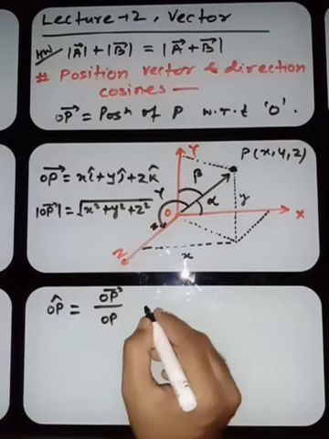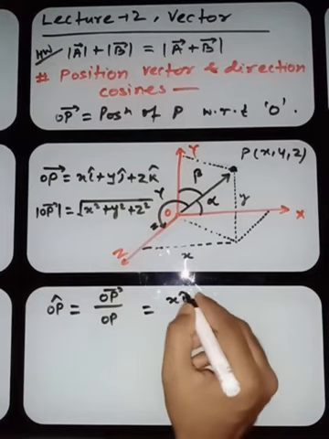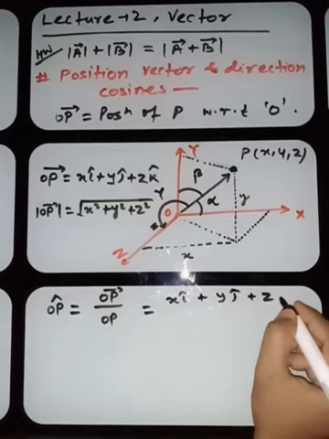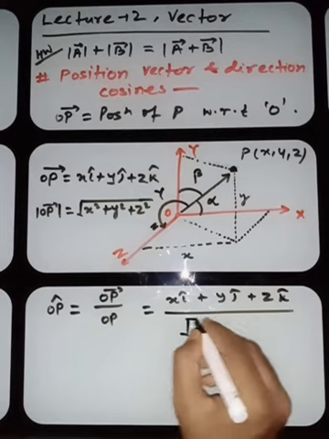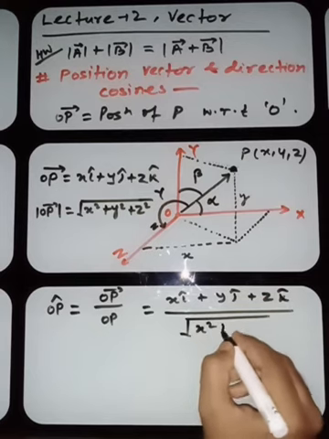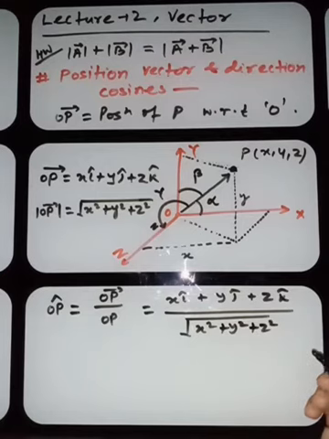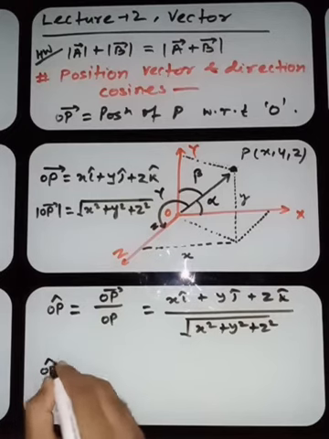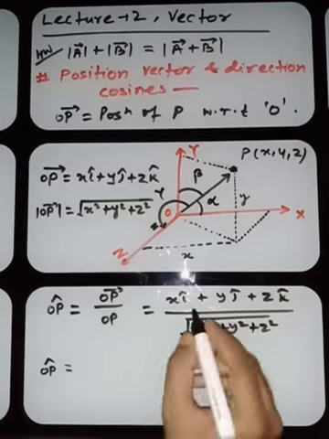And we already have the mod, so we can write xi plus yj plus zk divided by root under x square plus y square plus z square. Now we can separate the x, y and z components.